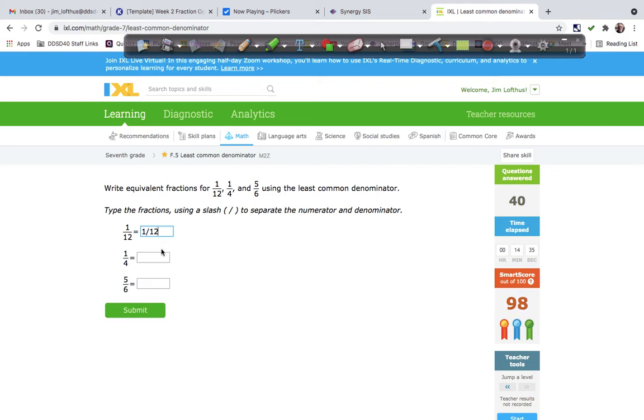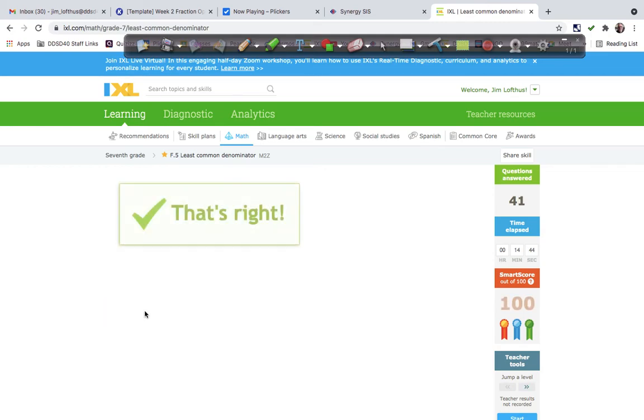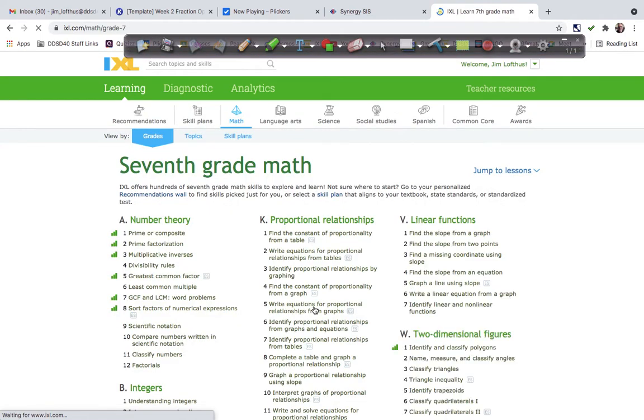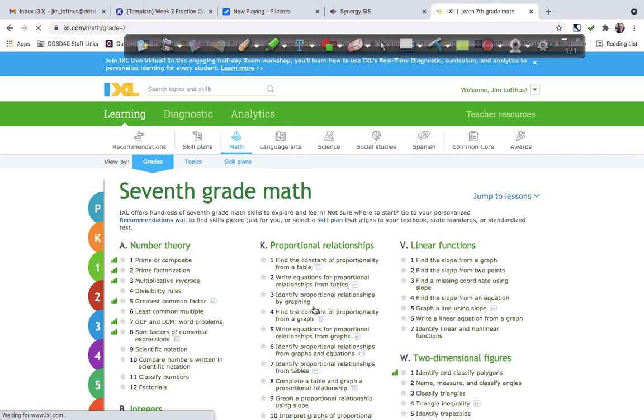That's just going to be 1/12. That's going to be 3/12. That's going to be 10/12. We got to 100, and that was it. I was hoping to get an even more difficult question, so I'm just going to put one up here.